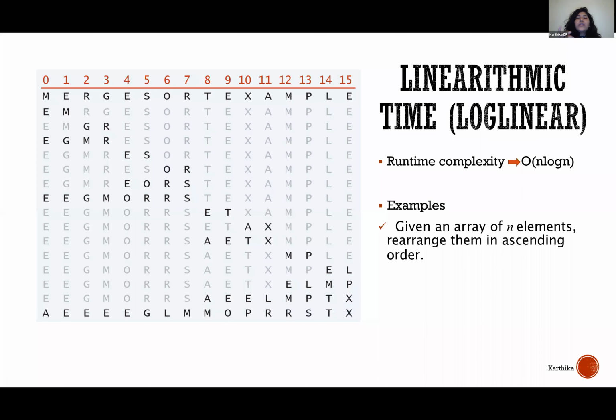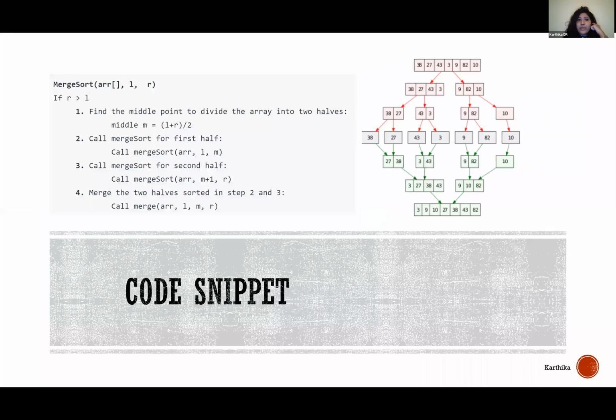The very best example for log linear time is merge sort. There are different sorting algorithms, like insertion sort, merge sort, quick sort, and so on. Merge sort is a very efficient sorting algorithm that takes time complexity of O of n log n. We'll see how it does that operation.